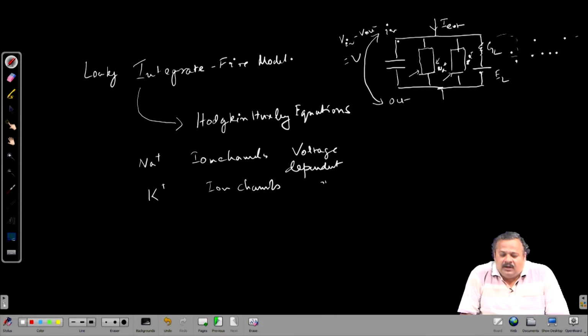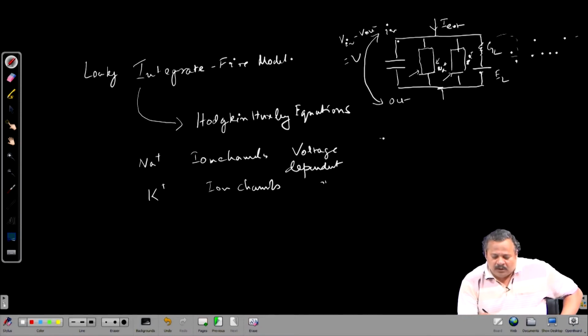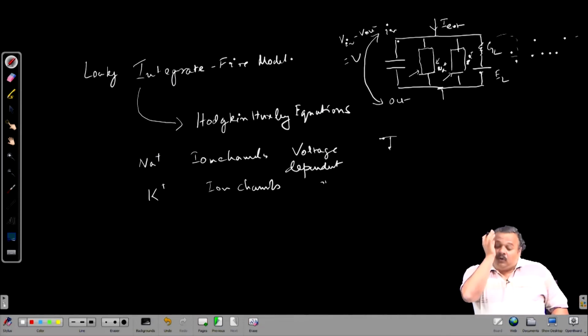So, let us start by considering just the sodium channel branch. What we should have in this branch is that because of the flow of the sodium, there is essentially a conductance present for the sodium ion, and this conductance is variable. So, I am drawing this block here.